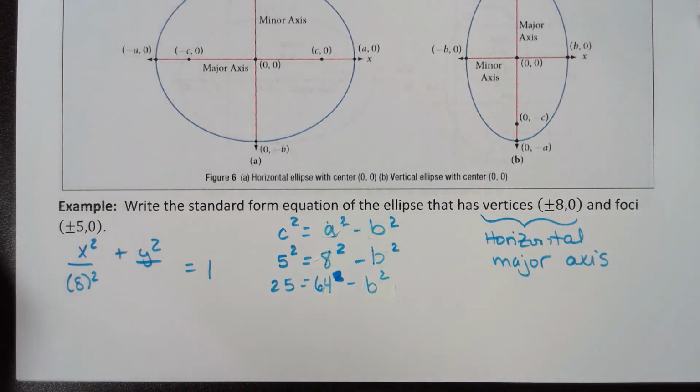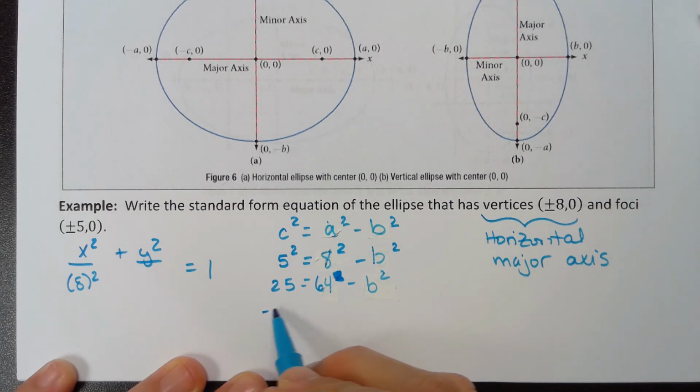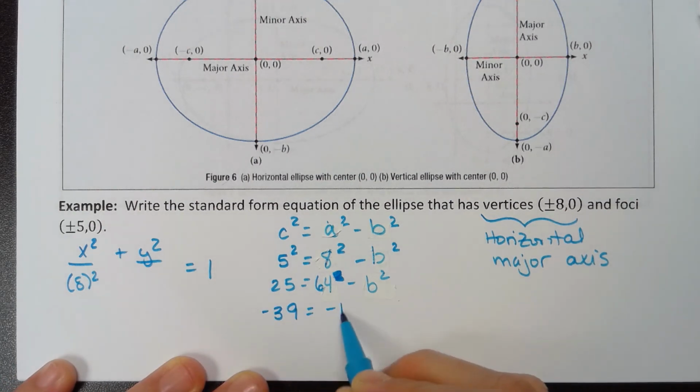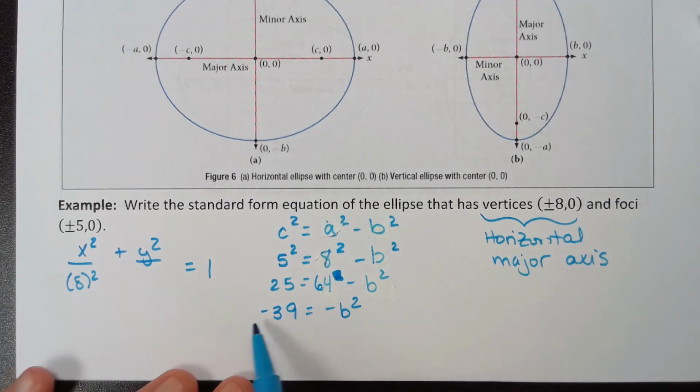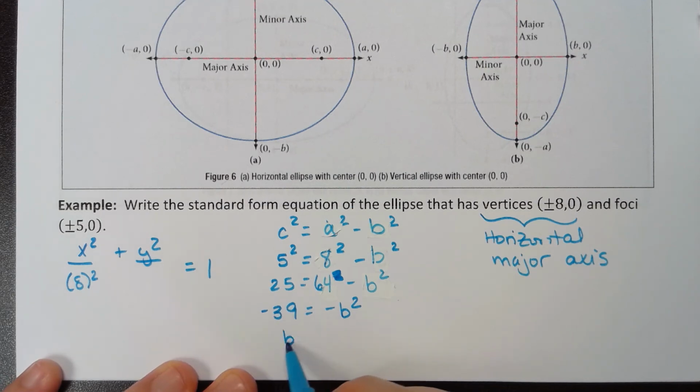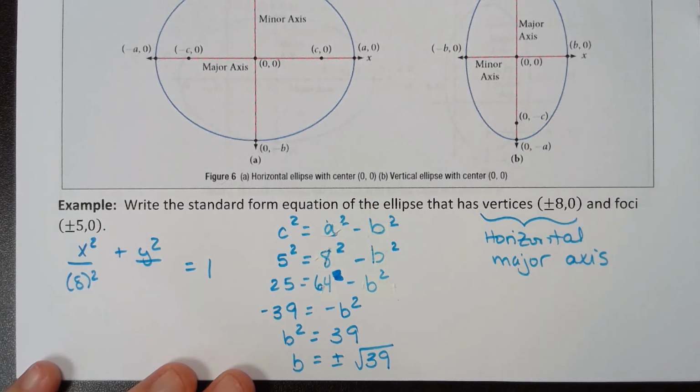That's going to give us negative 39 is equal to negative b squared. Divide both sides by negative 1. b squared is equal to 39. Take the square root of both sides, so b is equal to plus or minus the square root of 39.